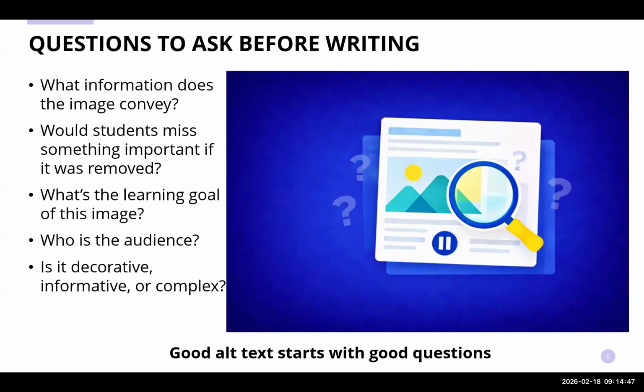We talked about these categories earlier, and knowing this right away guides your strategy and makes your writing much more natural. So, good alternative text does not start with writing, it actually starts with thinking in the right direction. So, when you ask the right questions first, your description becomes much clearer, much more intentional, and really serves your teaching goal. Next slide, please.